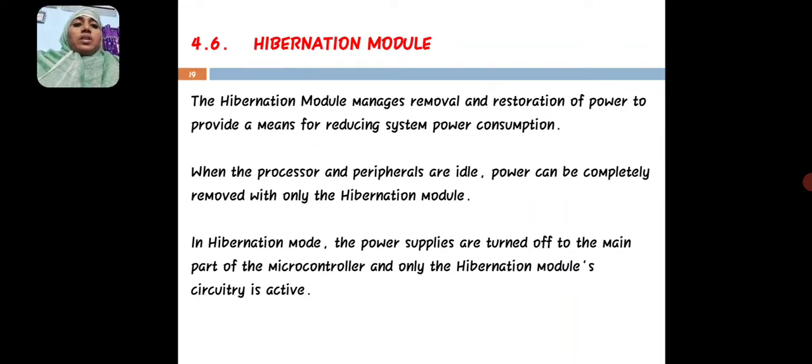When the processor and peripherals are idle, power can be completely removed with only the hibernation module. In the hibernation module, the power supplies are turned off to the main part of the microcontroller and only the hibernation module circuitry is active. So the hibernation module is mainly used to reduce the power consumption.